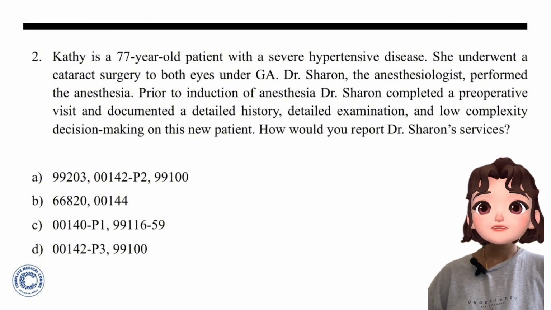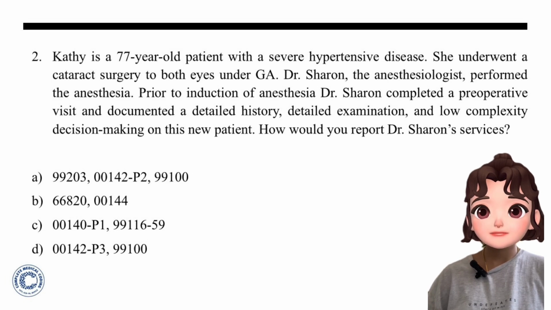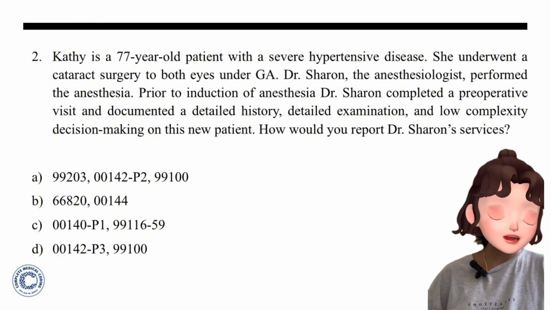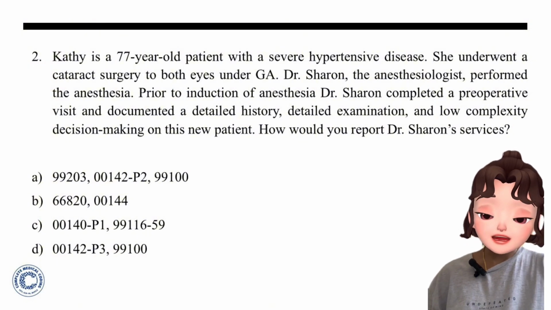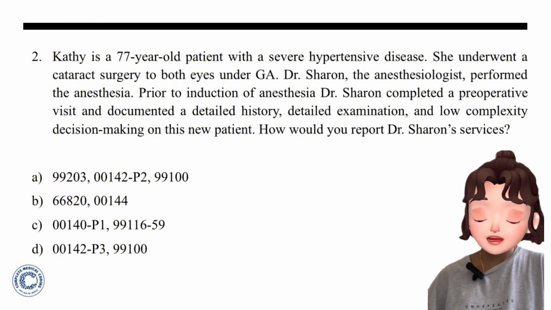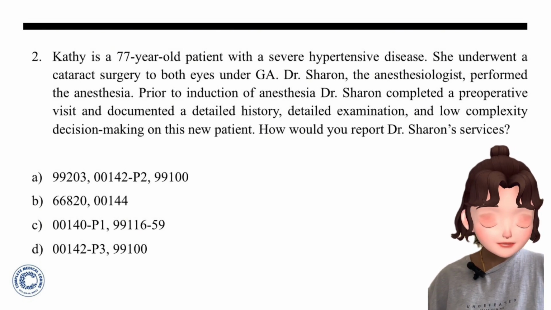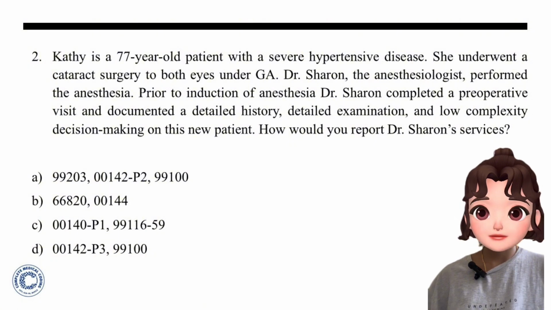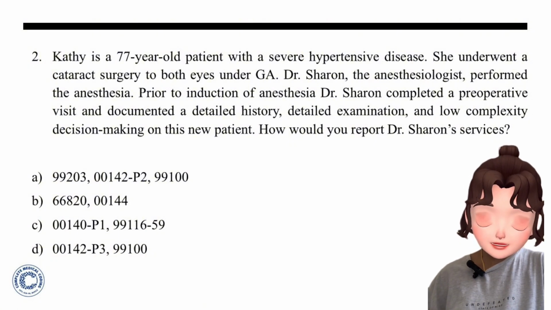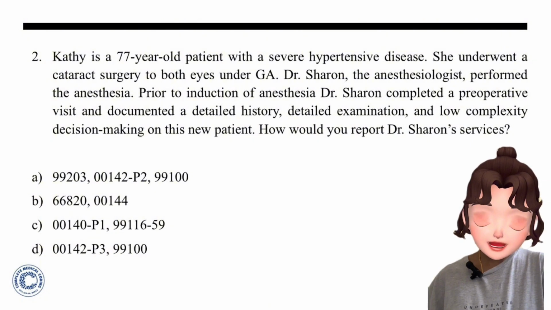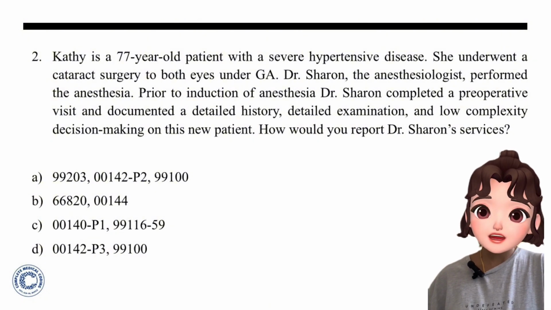Now let's go to the remaining 3 options. In the second option, 66820. Let's find out what 66820 is. It comes under the eye chapter: discission of secondary membrane, cataract, stab incision technique.